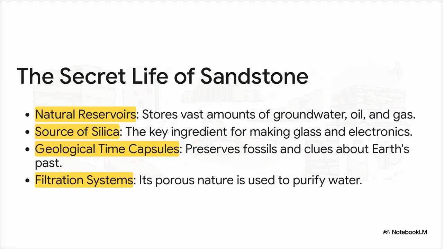All those tiny gaps make it a massive natural sponge, holding everything from our drinking water to our oil and natural gas. But that's not all. If you crush it down, its silica becomes the glass in our windows and the silicon in our electronics. It's also a perfect time capsule for preserving fossils, and its natural filtering ability is even used to purify our water. It's a true multitasker of the rock world.